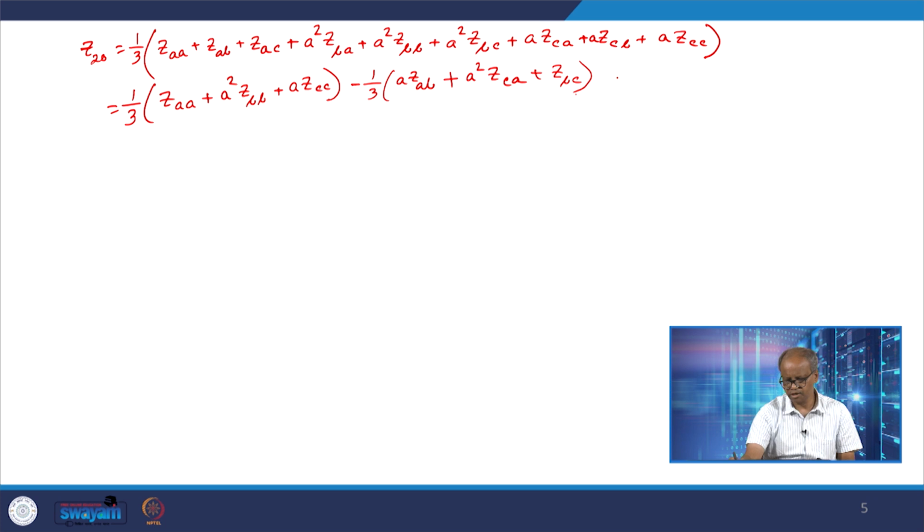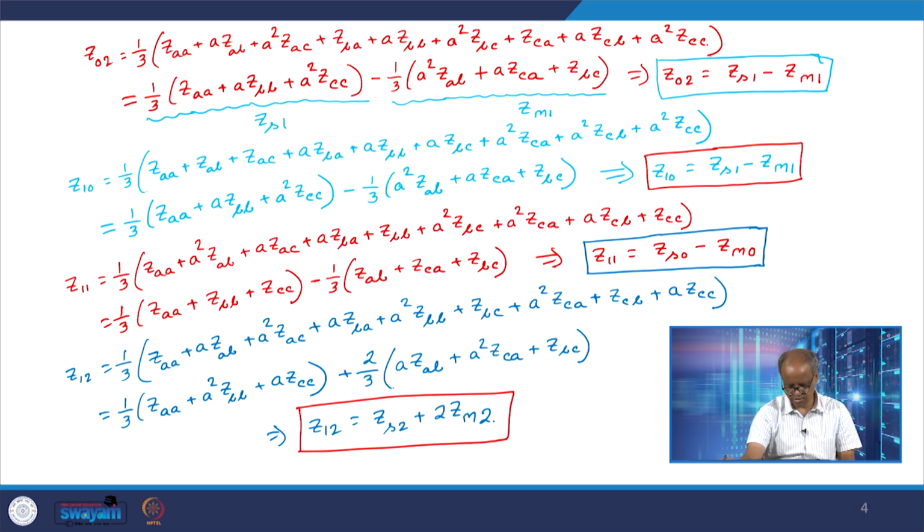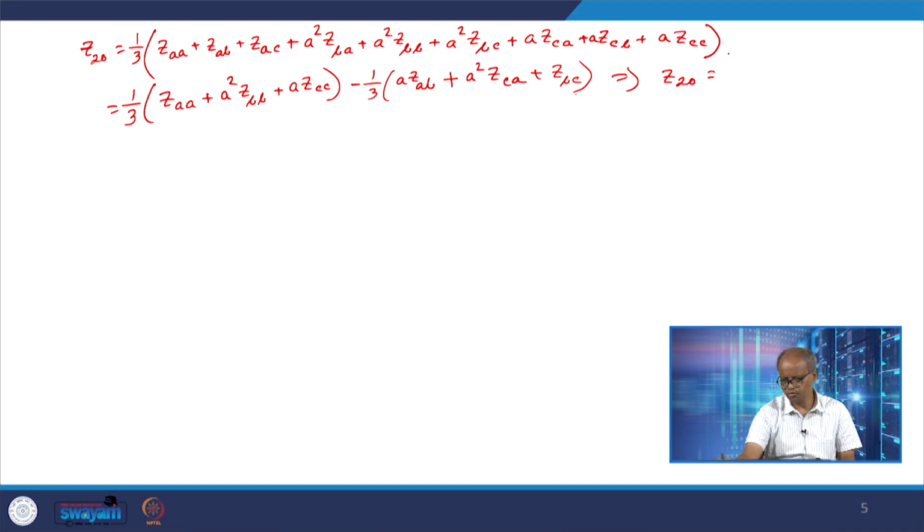So then therefore I can write down that Z20 is essentially ZS2 minus ZM2. So this is the relation. Okay, so we will continue and we will complete the remaining derivations in the next lecture.